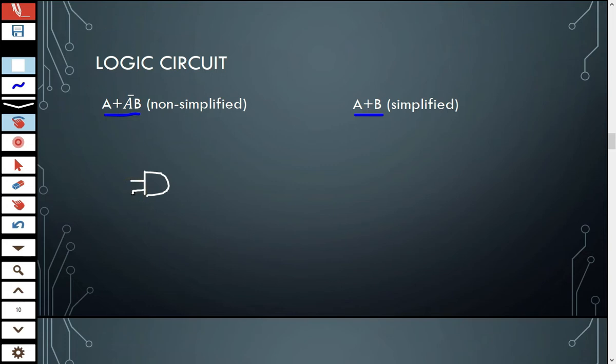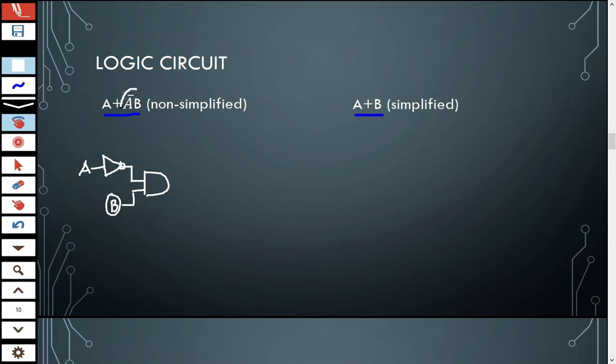And then we have B here. And then we have the NOT symbol. And this is our A. Or our not A times B.